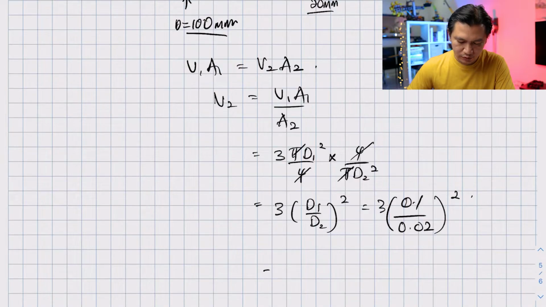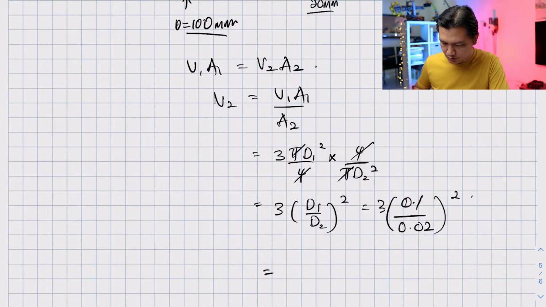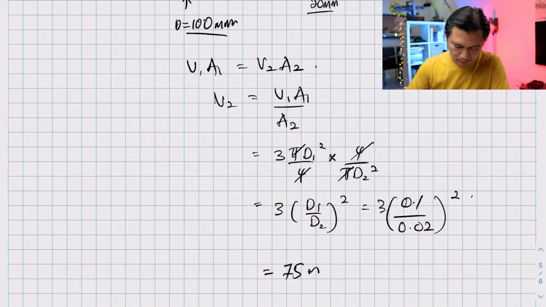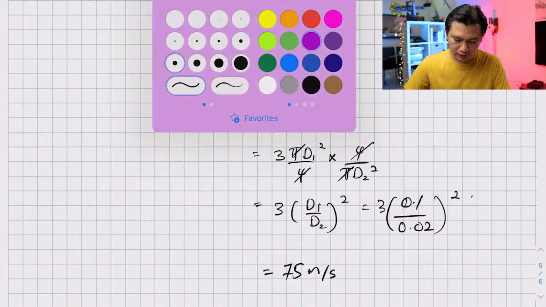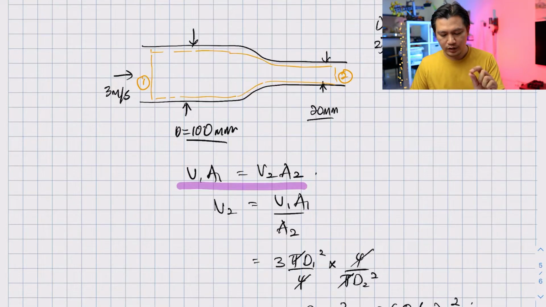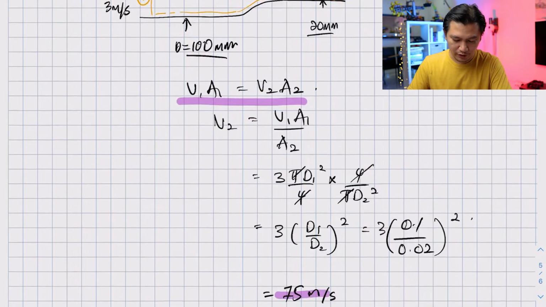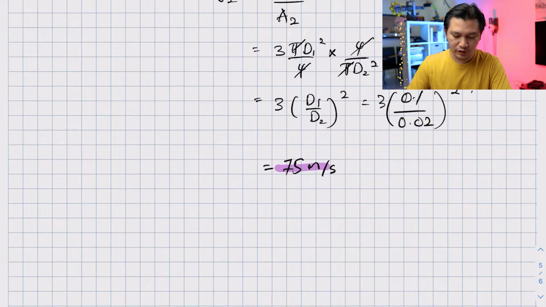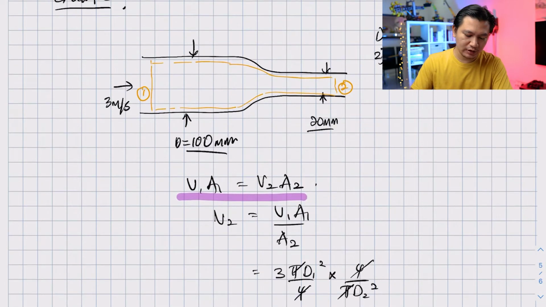V2 will equal (0.1 divided by 0.02) squared times 3, that will be 75 meters per second. Okay, now let's see if this answer makes sense. We know that V1 A1 equal to V2 A2. So when A2 is less than A1, this means that V2 will be higher than V1. I think this makes sense because now we have V2 equal to 75 meters per second, which is definitely higher than 3 meters per second.